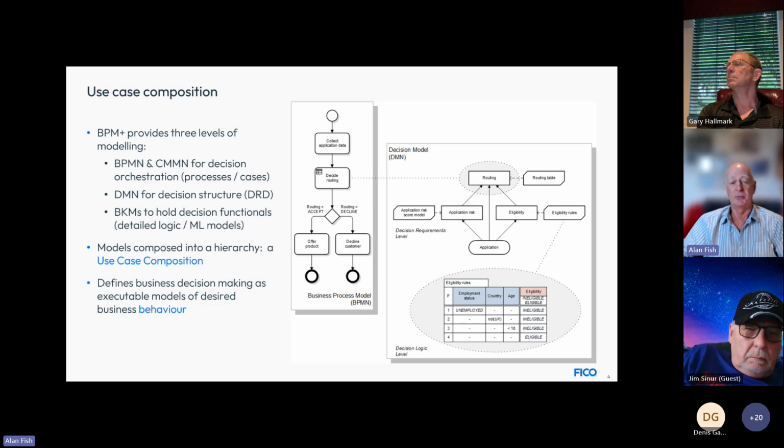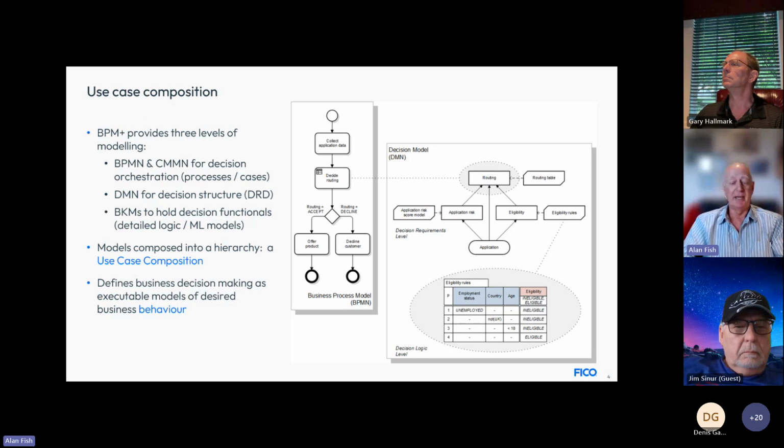And by that, I mean a composition of models which actually carries out some required business behavior. And I say behavior very deliberately. All the components of a use case composition are executable models. In other words, they have a behavioral semantics, and their job is to model the behavior of a business, in particular its decision-making behavior. That is the behavior which is expressed when those models are executed.